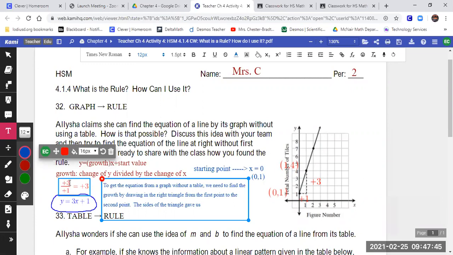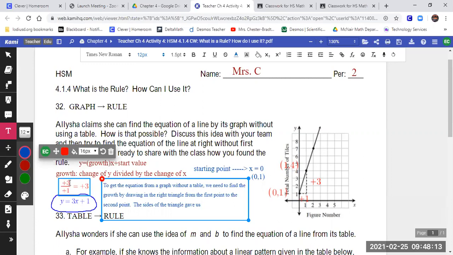Okay, the growth is the whole thing. We need to know the one tiny piece, top of the fraction. That's what the +3 was. What part of our growth was the +3? Look at the definition. What about the y? Not just the y. The change of the y.